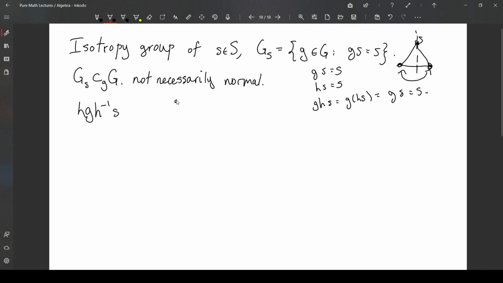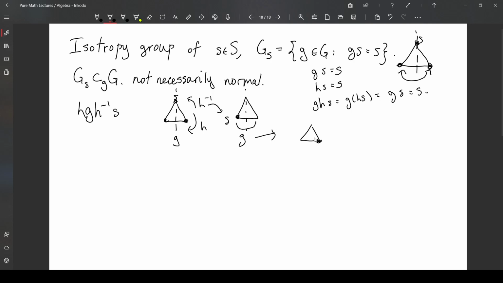No. Okay, so let's consider our triangle. Let's say G is this reflection, and then H is a rotation around this axis. So first we go H inverse, so that's a rotation in this direction. So now this is S. And then we apply G, which swaps these two.